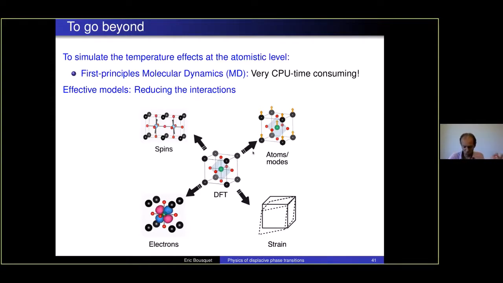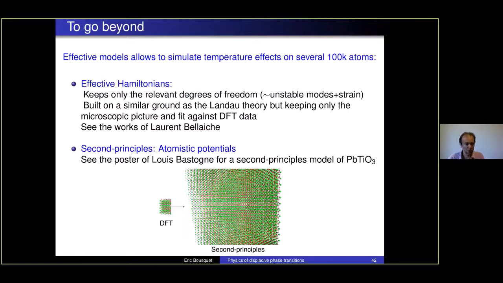Then you do a simplified model that keeps the DFT precision, but where, by simplification of the model, you can add the temperature effects at a much lower cost. The typical two types of models that are used are the effective Hamiltonians, which is really similar to what I've presented, how we build the Landau model at the microscopic level, let's say.